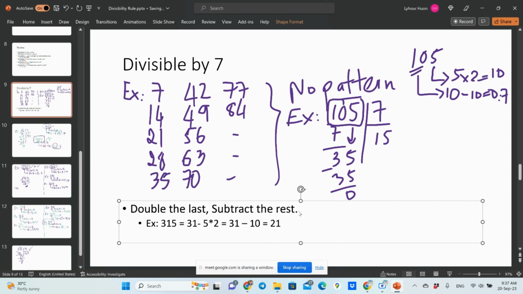So we take the double of the last digit and subtract it from the rest of the number, and if the result is divisible by 7, then that number is divisible by 7.